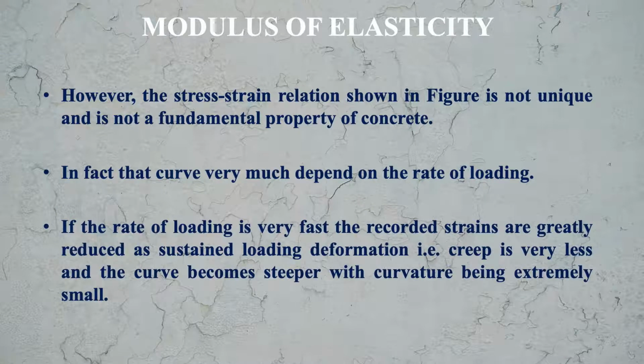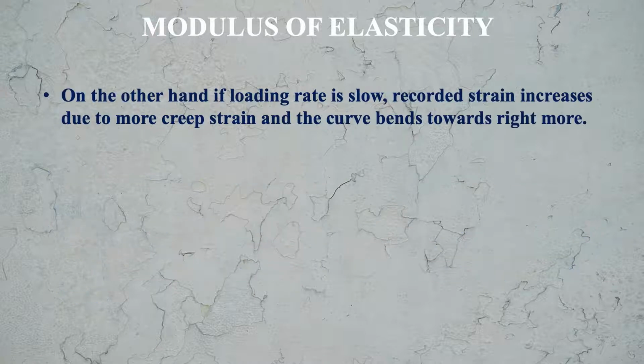If the rate of loading is very fast, the recorded strain are greatly reduced as sustained loading deformation, that is creep, is very less, and the curve becomes steeper with curvature being extremely small. On the other hand, if the loading rate is slow, recorded strain increases due to more creep strain and the curve bends towards right more.